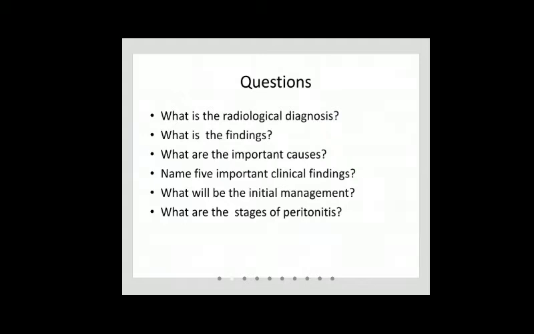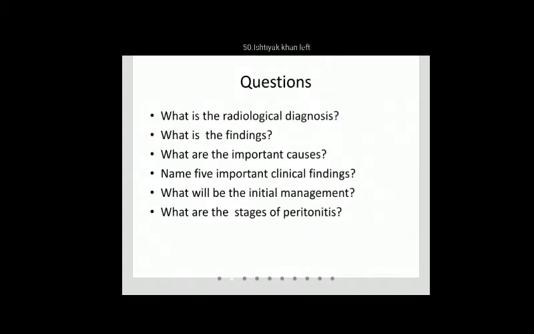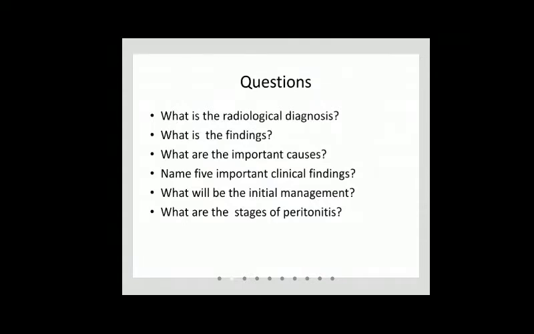And on palpation there is tenderness, muscle guarding, rigidity, and there is board-like rigidity. Most important, board-like rigidity. Muscle guarding, rigidity, tenderness, and also rebound tenderness. On auscultation bowel sounds may be absent or diminished.